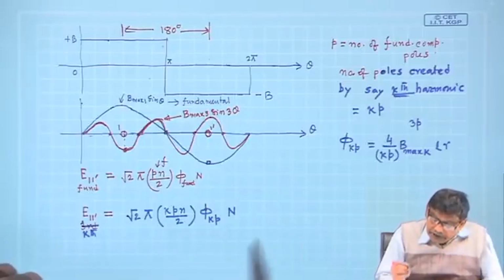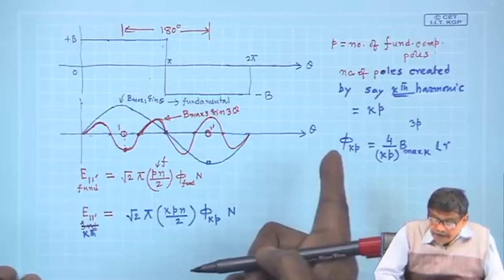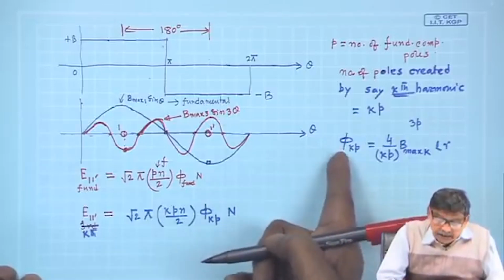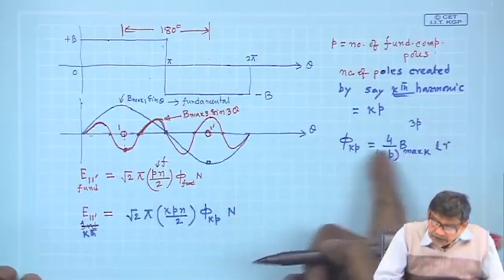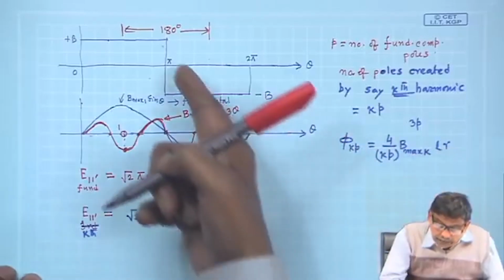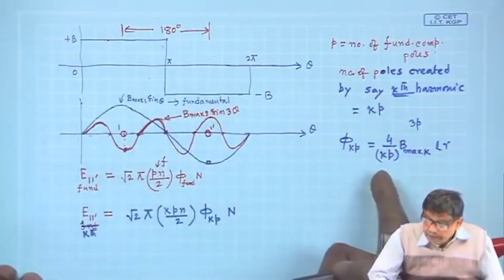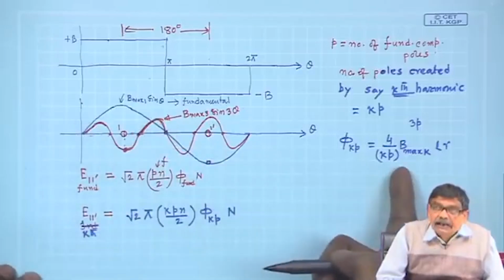So to use this formula to calculate the flux per pole for the kth harmonic, you have to do it like this: use the same formula 4 by p B max L, but if it is the kth harmonic of the B distribution, then the number of poles is really k into p times.